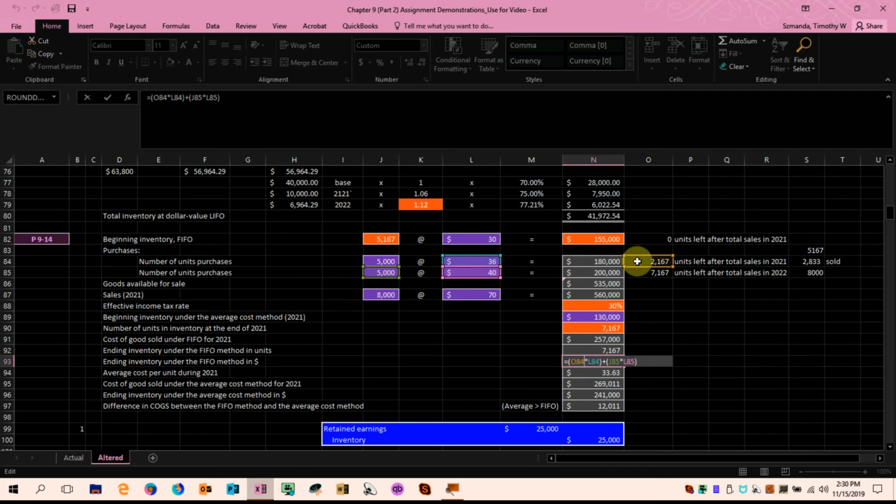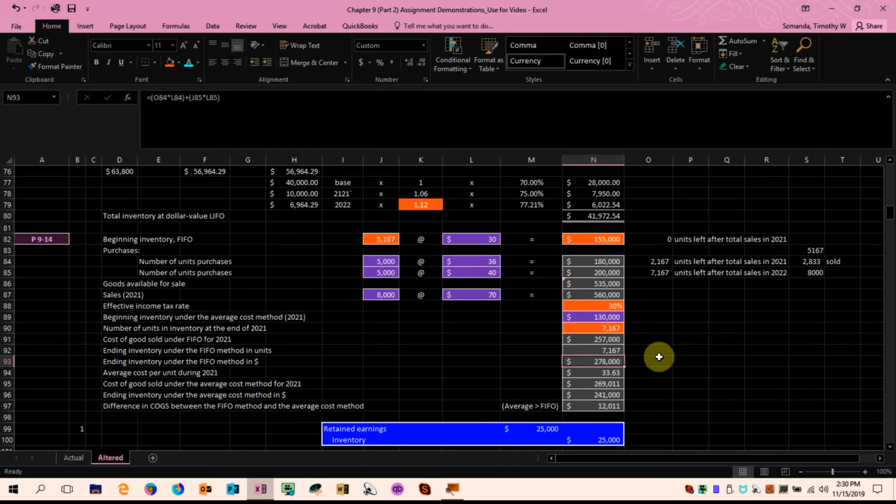I've only got 2,167 unsold, that's what's left, plus my 5,000 at $40. So my ending inventory under FIFO is 2,167 times 36 plus 5,000 times 40. I now have my cost of goods sold and my estimate for ending inventory under the FIFO method complete.